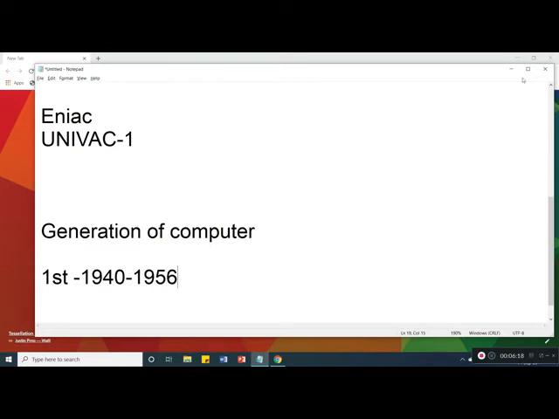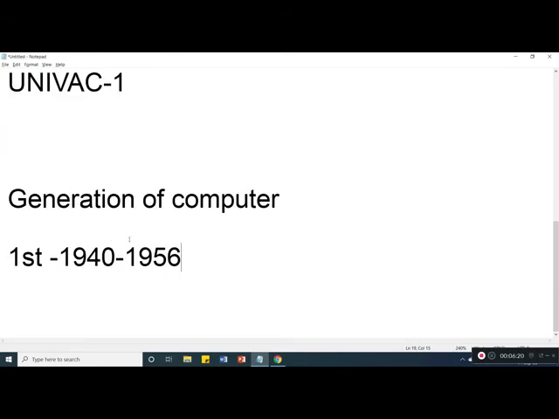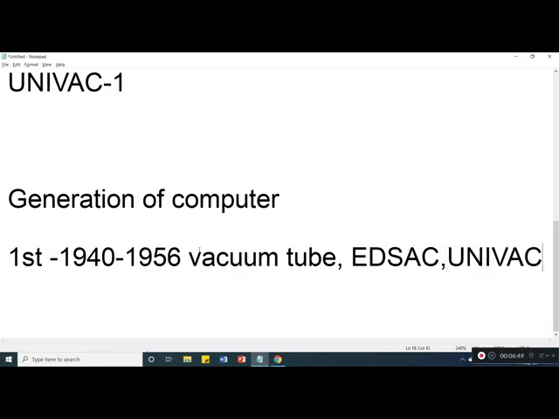In this generation, computers used the vacuum tube as the component. Examples of this computer are EDSAC and UNIVAC. So these are examples of the first generation of computers.